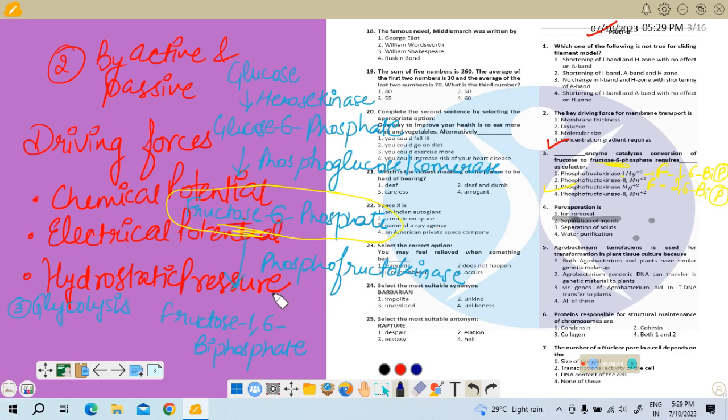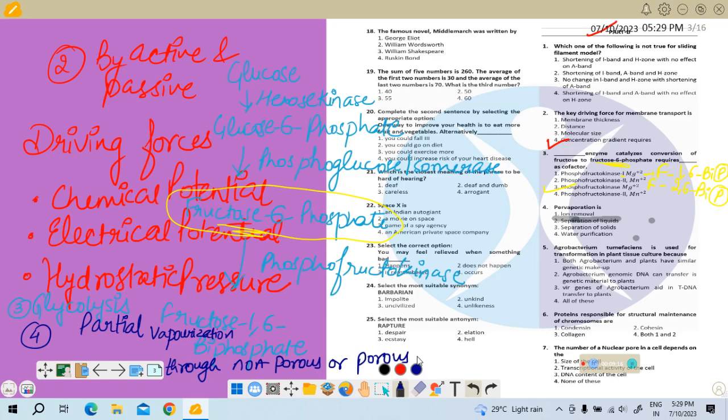Basically pervaporation is partial vaporization through a non-porous or porous membrane. So this is option number 2, separation of liquids.